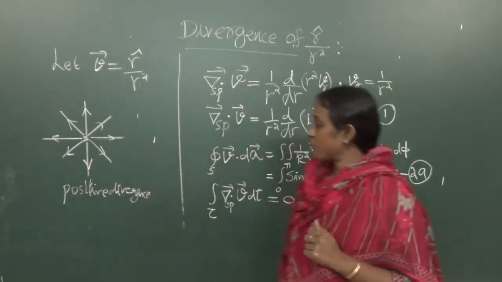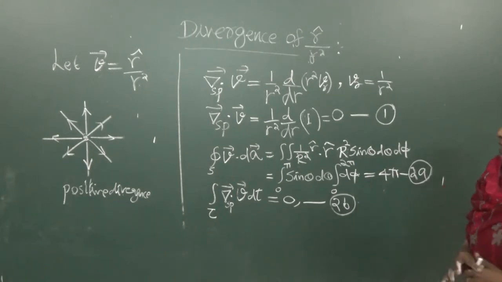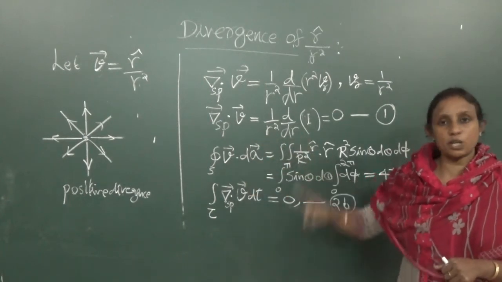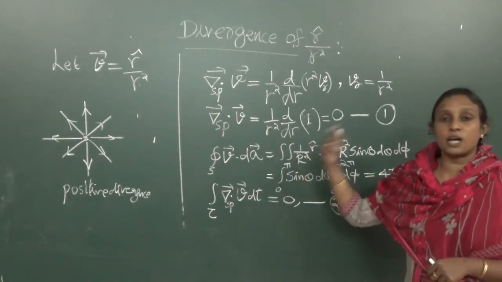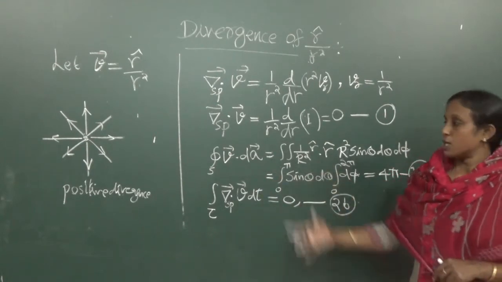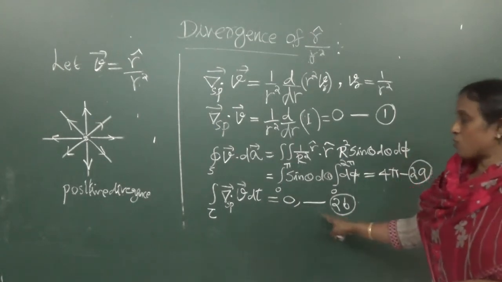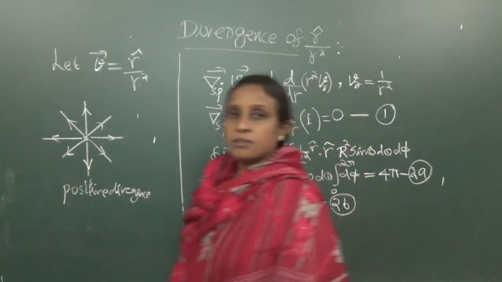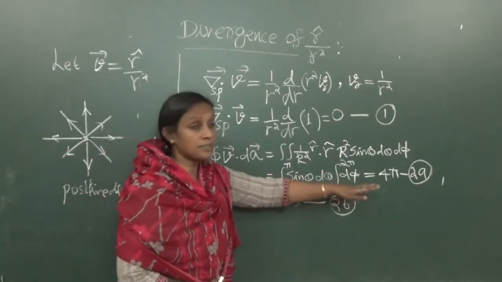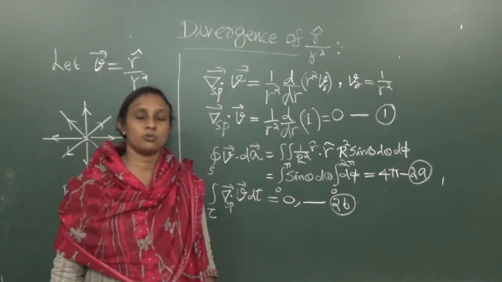Now what happens? Gauss divergence theorem states that the surface integral of a vector over a closed surface is equal to the volume integral of the divergence of the vector. So this surface integral should be equal to this volume integral. But you can see that the surface integral gives you 4 pi, while the volume integral goes to 0.